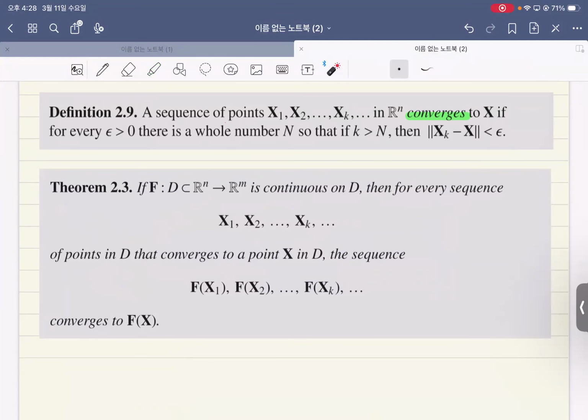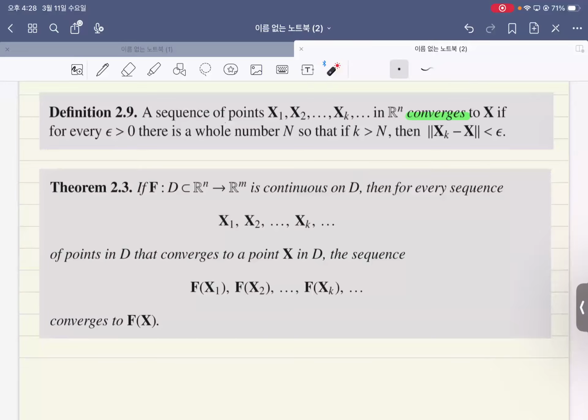Well, there is a theorem. I have a continuous function f, and on the domain of this function, we have a sequence of vectors. So these vectors from x1 to xk, all these vectors, they are the vectors in this set.